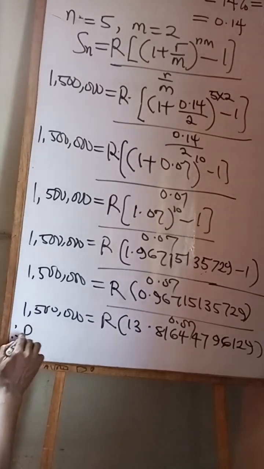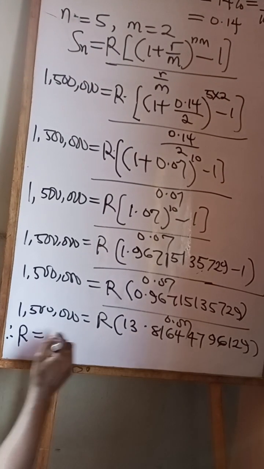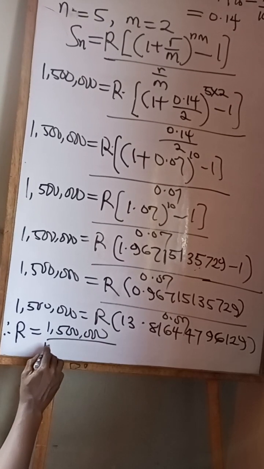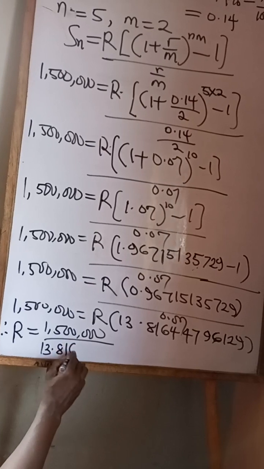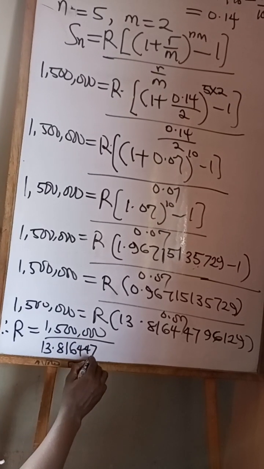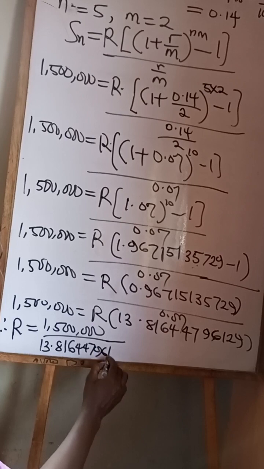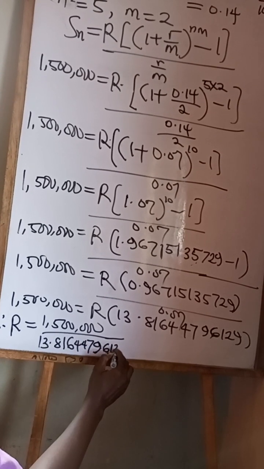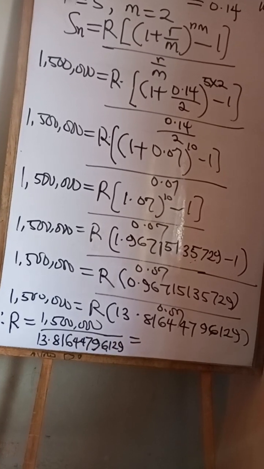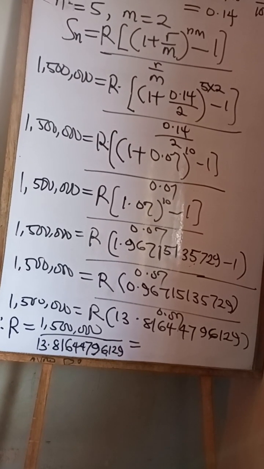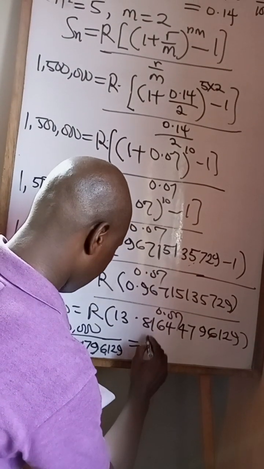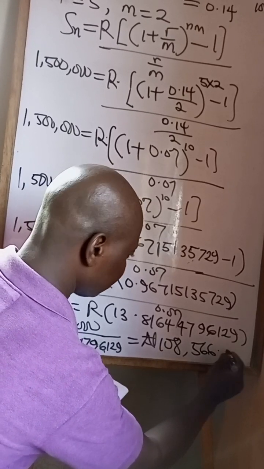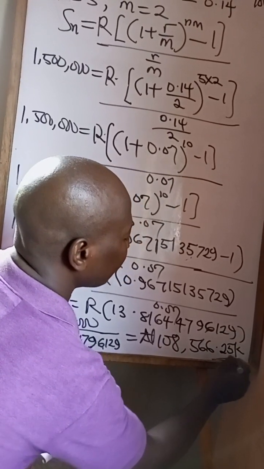Therefore, our R will be gotten by dividing 1,500,000 by this number, 13.81644796196129. When we divide, our final answer will be 108,566.25 kobo. And that's the final answer.